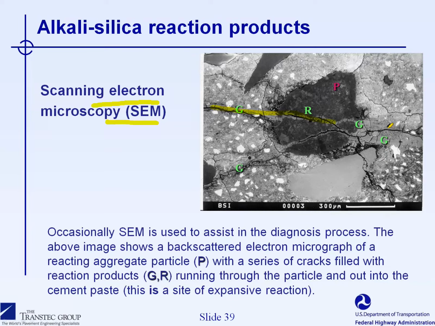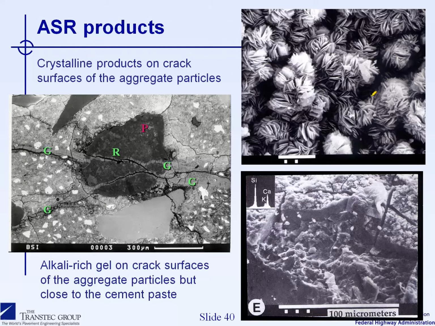So the scanning electron microscope will not only be a tool to confirm the presence of the gel, but it can also confirm the composition of the gel, which has been highlighted in many publications as a feature of ASR. The composition of the gel is very, very specific, and the use of scanning electron microscopy with a tool for chemical analysis can be very critical for that.